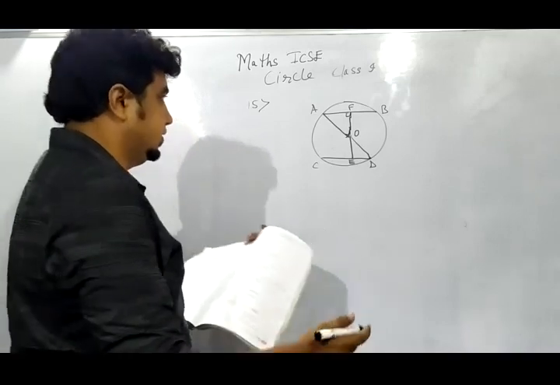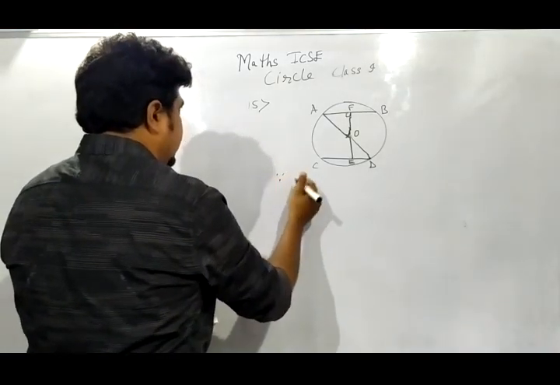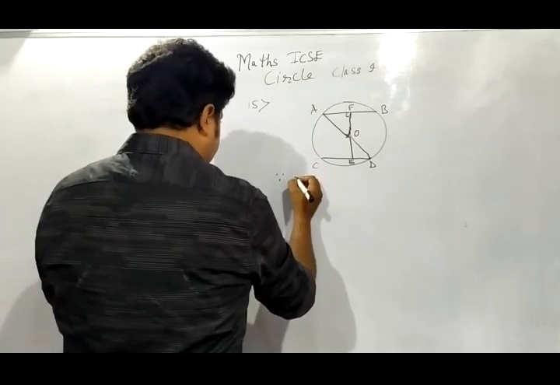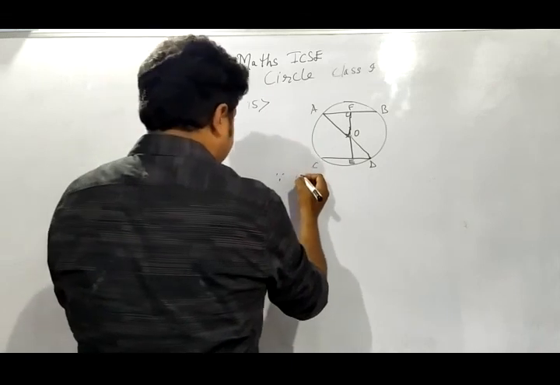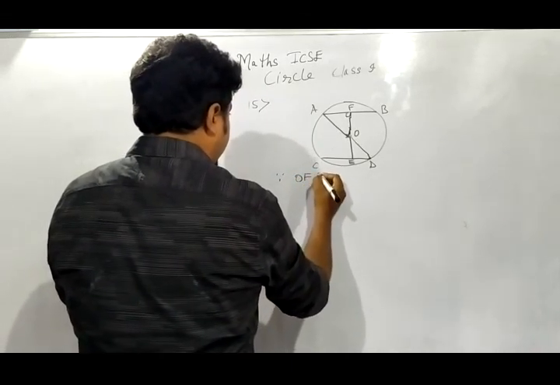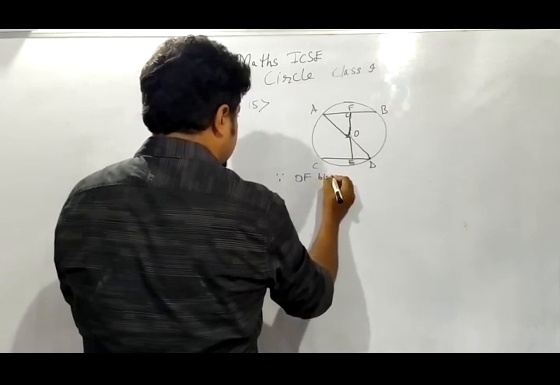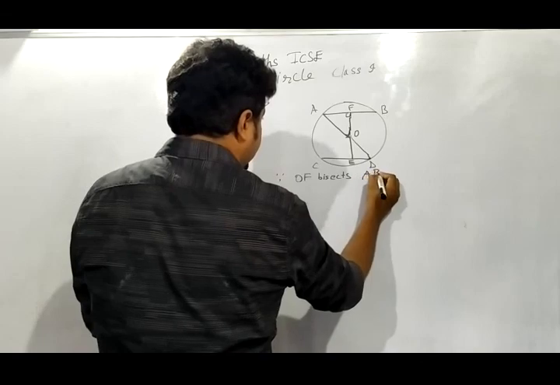Since the line segment joining the midpoints, OF bisects AB. Why am I saying this?